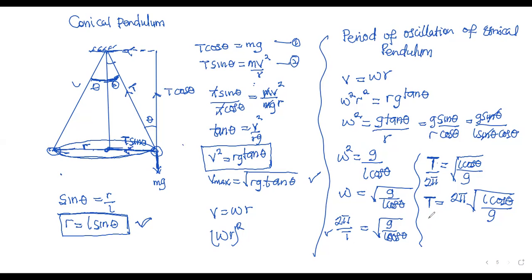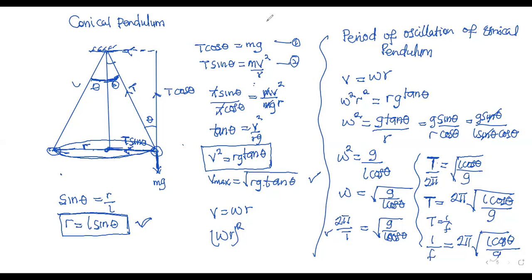And because period is equal to 1 over frequency, we can also say that 1 over the frequency is equal to 2 pi times root of L cos theta over g.